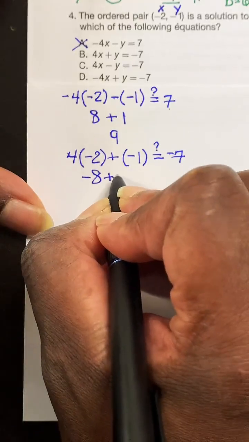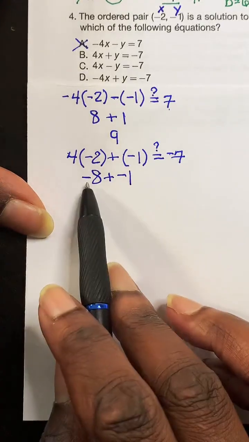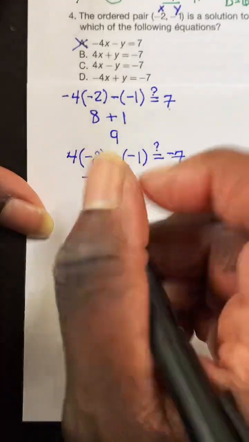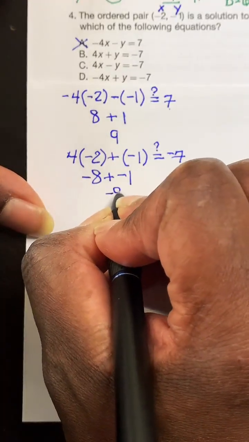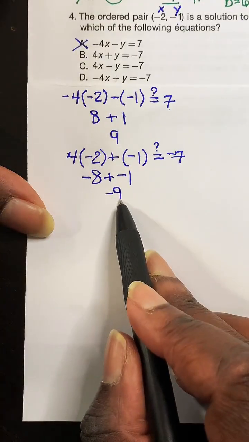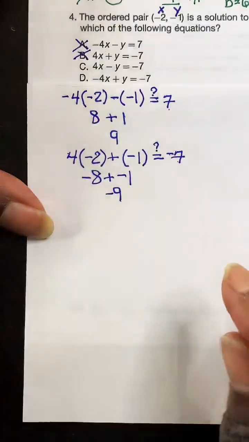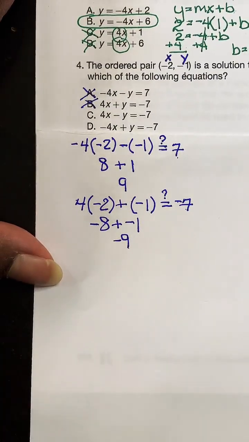Plus a -1. A negative plus a negative, when the signs are the same, it stays negative. And -9 does not equal -7. So that B option is gone.